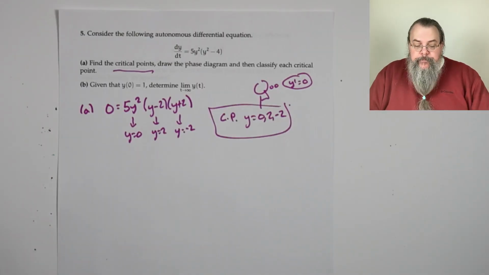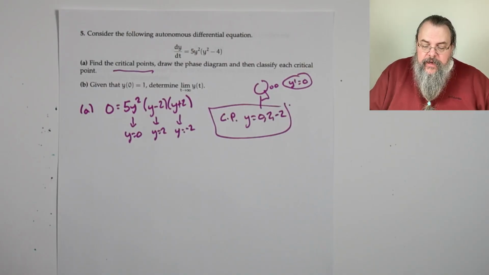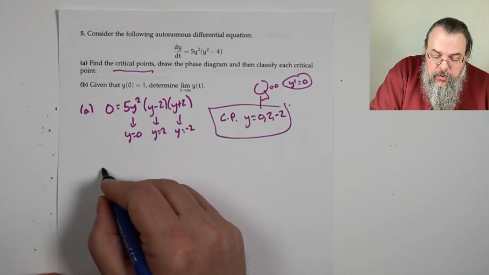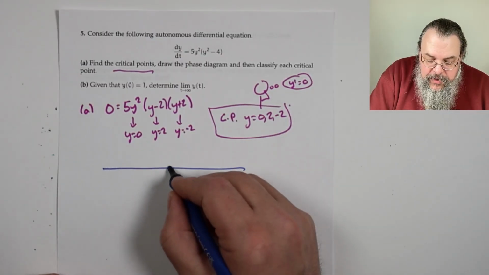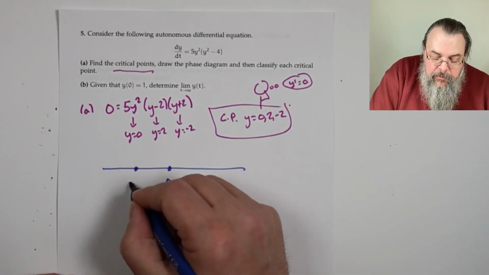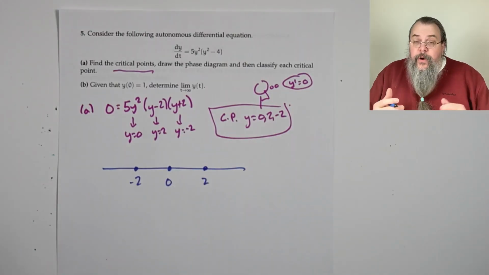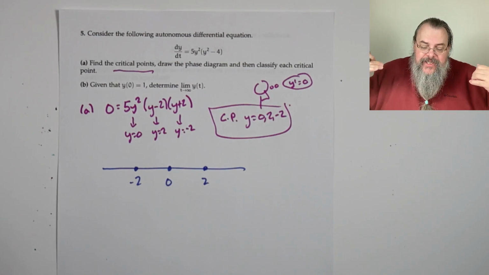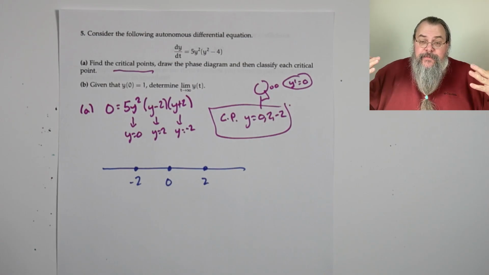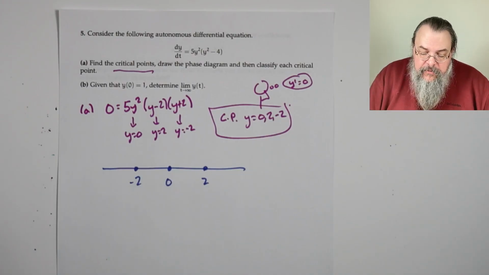Now, draw the phase diagram. Okay, so for our phase diagram, we're just going to draw a line. See, that's a pretty good line. And we're going to mark our points 0, minus 2, plus 2. And now what we need to do is, again, channel your inner Calc 1 and think about the derivative. So we're going to test, pick values here.